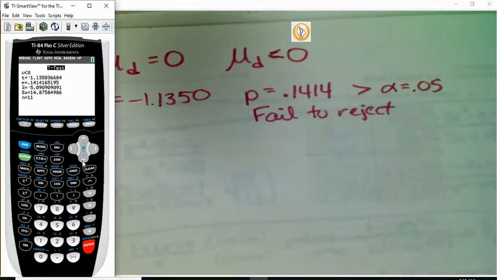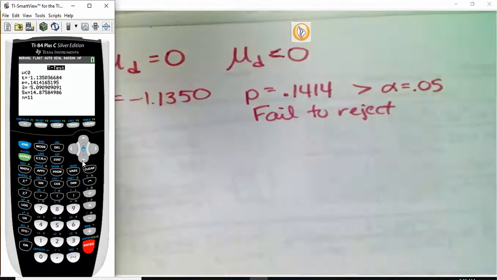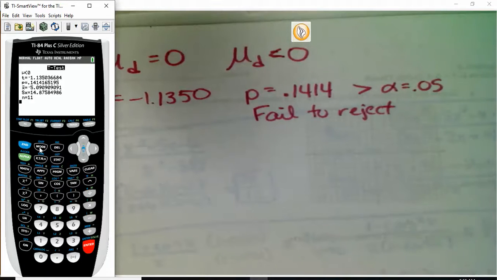Part D is the confidence interval. So go back to Stat, Calculate. Stat Tests. We're talking about the t's, but we need an interval, so that would be number 8. Okay, running off data, list is L3. And we wanted a 98%, so confidence level 0.98.